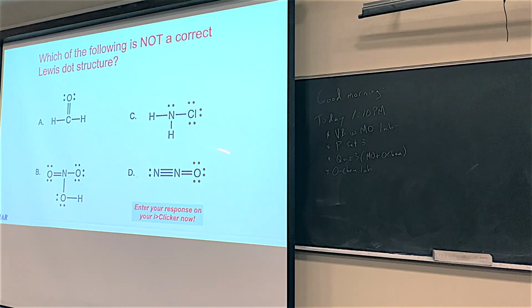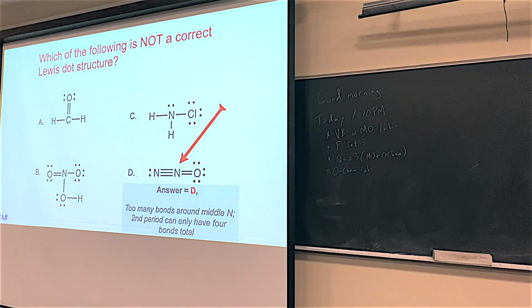But if you look at D, and I think everybody was seeing this, the middle nitrogen here is not a possibility. Now, we talked a lot in this class about atoms that can go beyond an octet, but those are period 3 and lower. So for example, phosphorus right below it can make 5 bonds. But nitrogen, carbon, oxygen, fluorine, etc., are limited to 4.